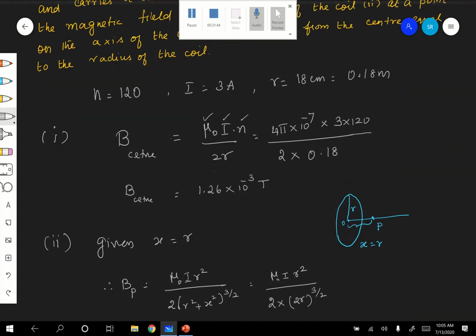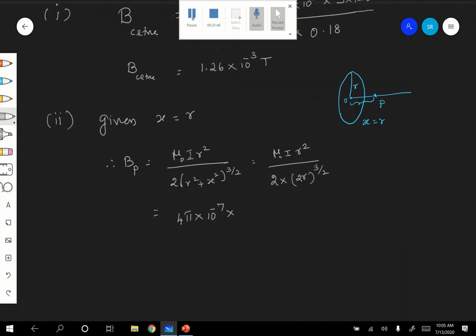I here is 3. Into 3 into, what is your R? 0.18, R squared. 0.18 the whole squared divided by 2 into 2R, 2 into 0.18, the whole power 3 by 2.